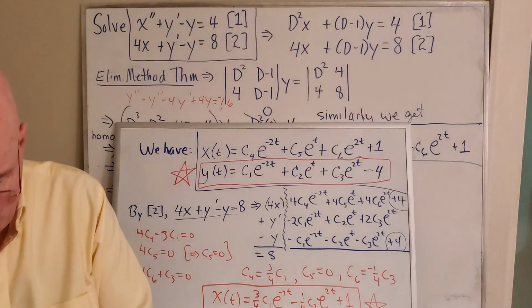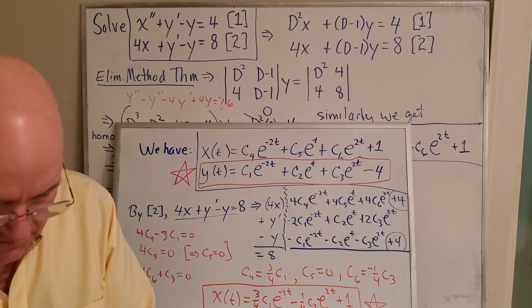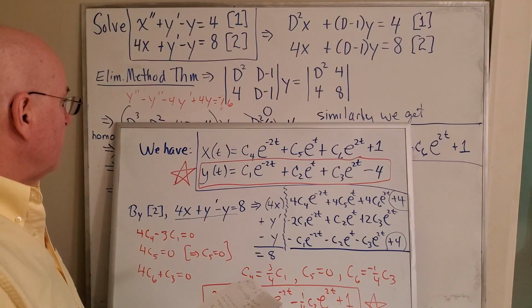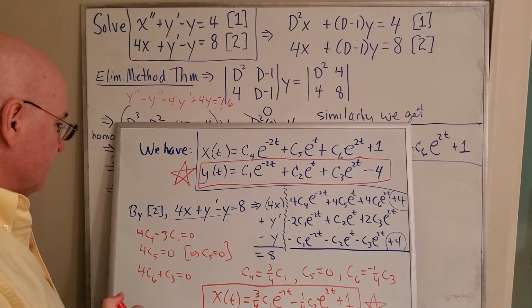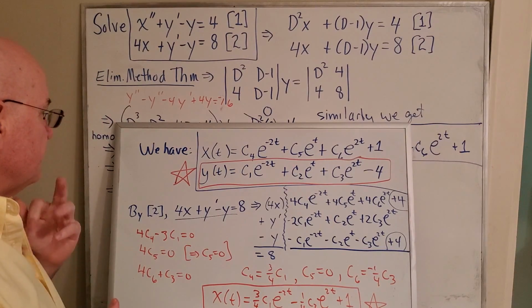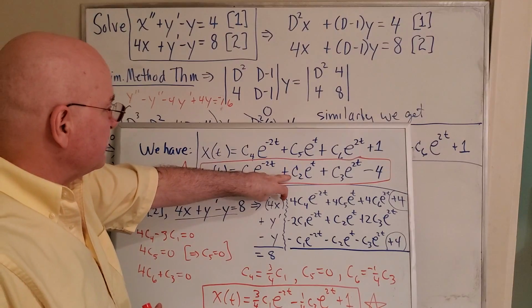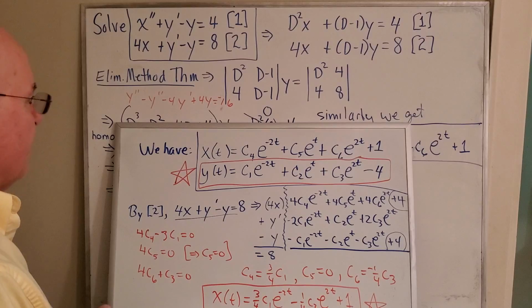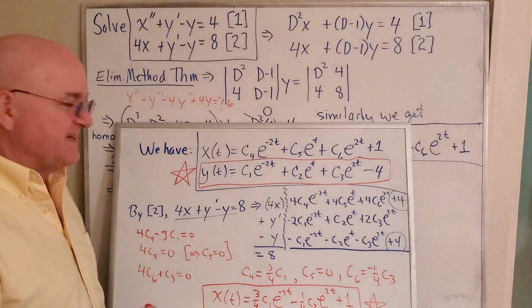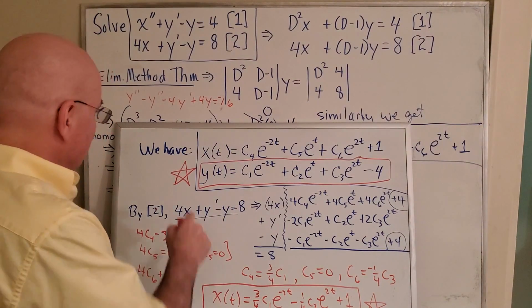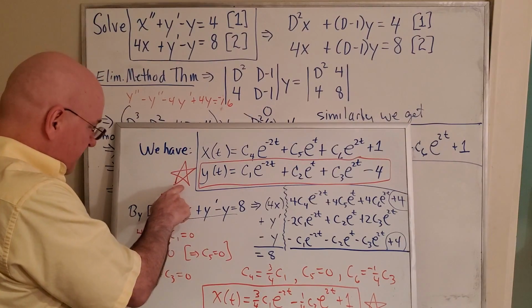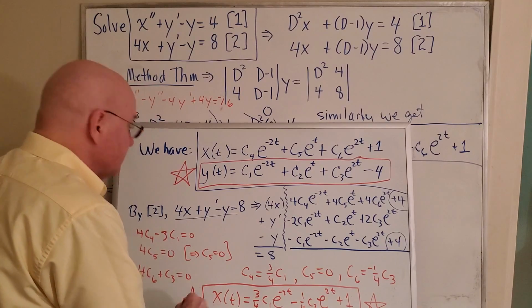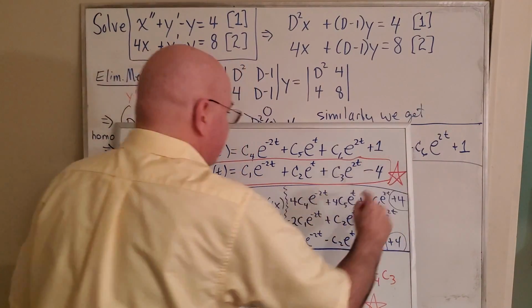Which means that if C2 were a 0, we can actually cross this out. Oh, no. Forget what I just said. C5 is the 0. So just to finish this up, that star equation and this star equation, that's the solution.